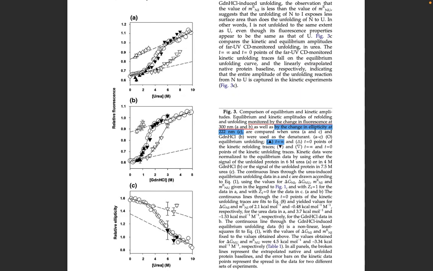Now the open triangles are the t equal to 0 points of the kinetic unfolding traces, and that also makes sense: as soon as you mix two things and take the measurement after mixing, the signal should be on the baseline.